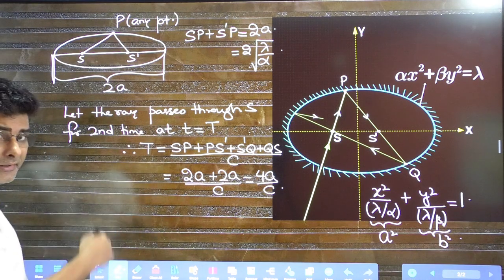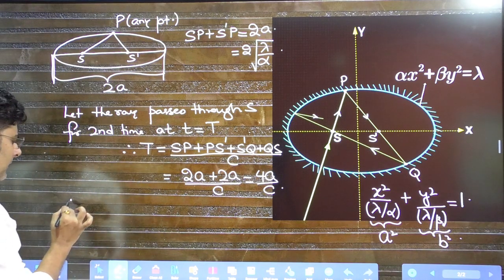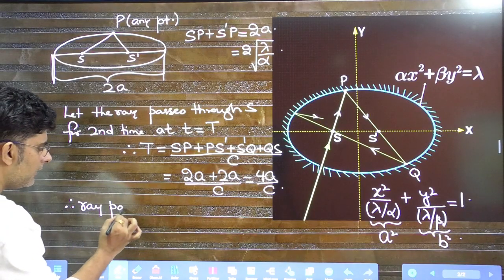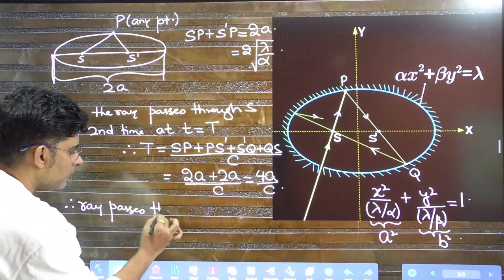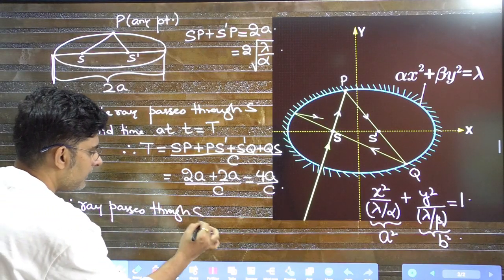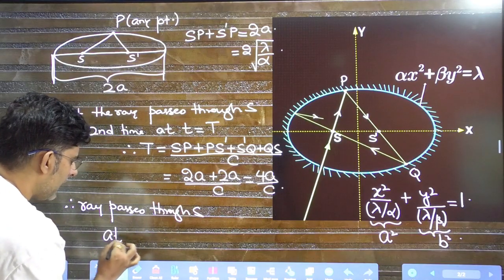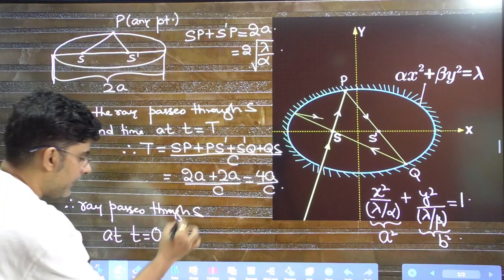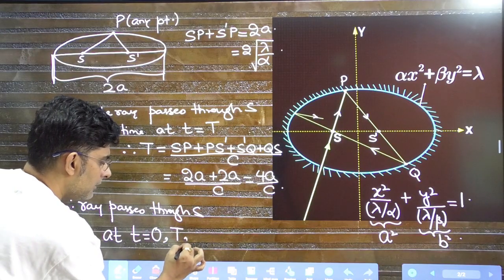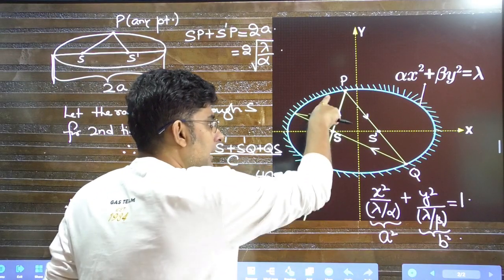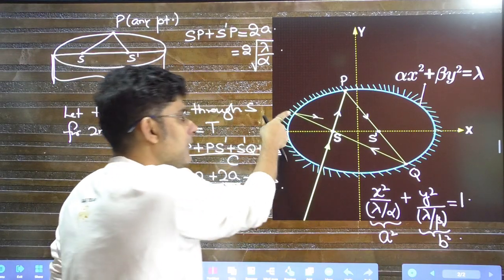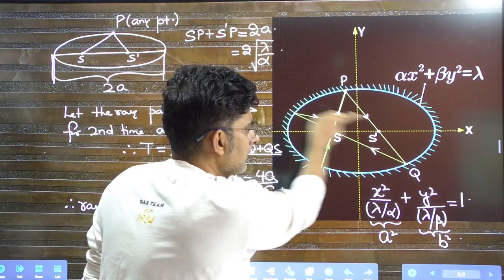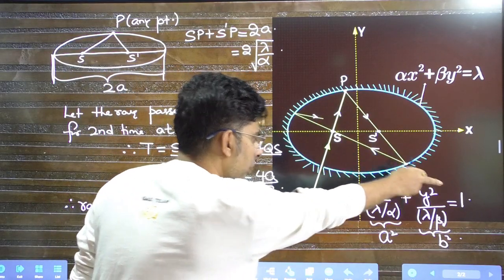So second time it is this. So just we can say the ray passes through S at what all time instants? First time t equals to 0. Second time capital T. Now again it will repeat, suppose it is going at this point R. So again it will go SR, then RS dash, next point again coming back.